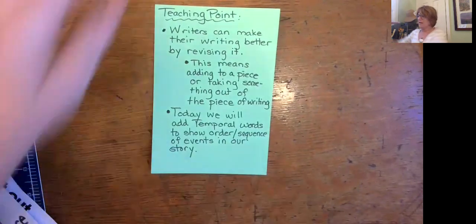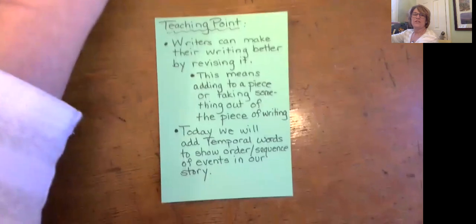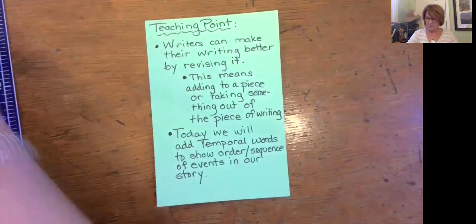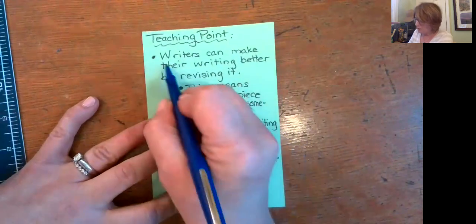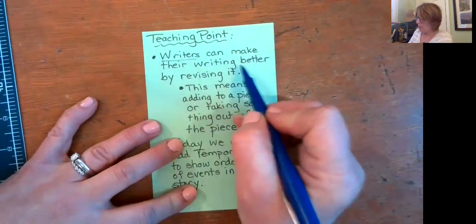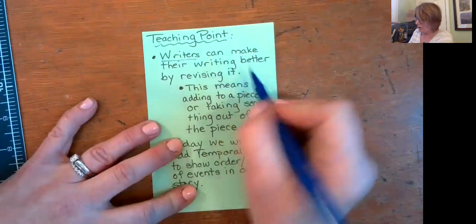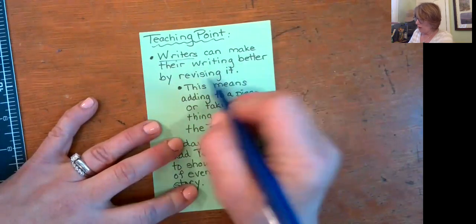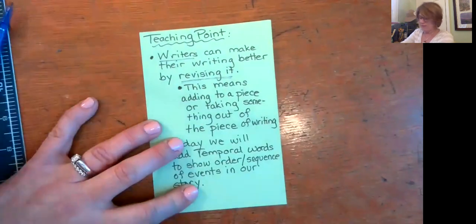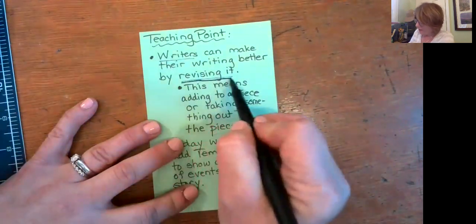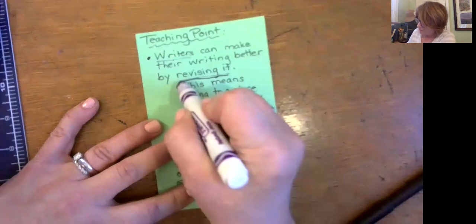I will put the teaching point here for us. The teaching point for today says, writers, and that is you, can make their writing better. Yes, we can make our writing better by revising it, making revisions.